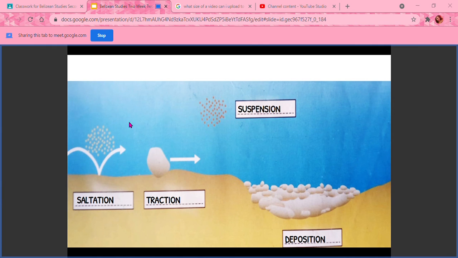You can put suspension, and then in brackets you put erosion, you put traction, and in brackets you put transport, and then deposition. Well, deposition is just deposition. But I want to see at least 3 things. You are free to put more of them if you can include them in your diagram.